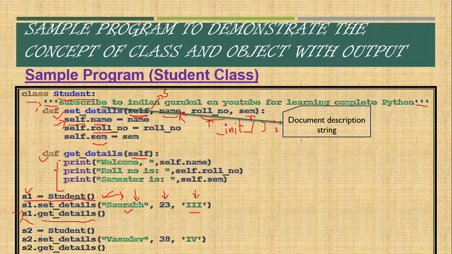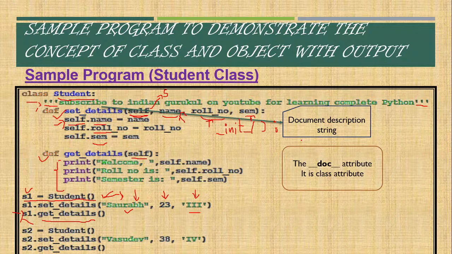If we want to know the description of our class or document, there is an attribute, the __doc__ attribute, and it is a class attribute.